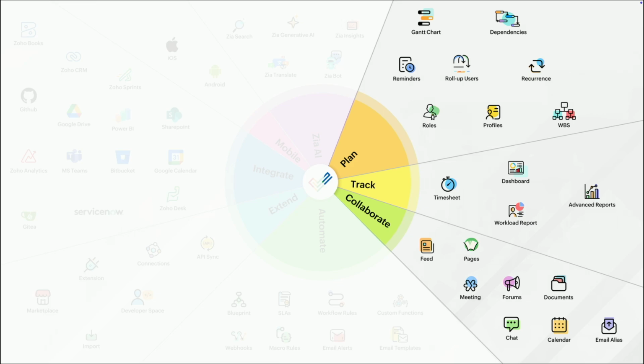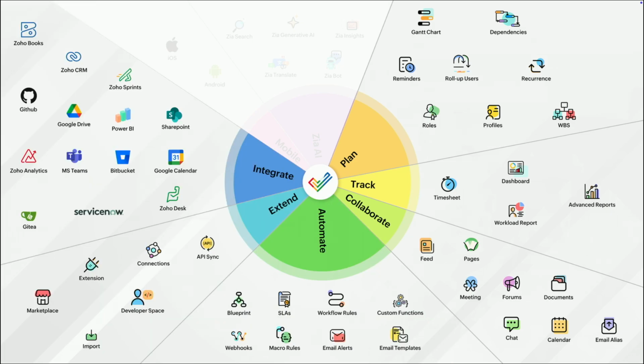Then on the collaboration part, as I said, you need to collaborate with your team, right? As far as collaboration, we have forums, chat, meeting. It's part of Projects, right? So you have a calendar as well. So these are the things using which you can collaborate with your team.